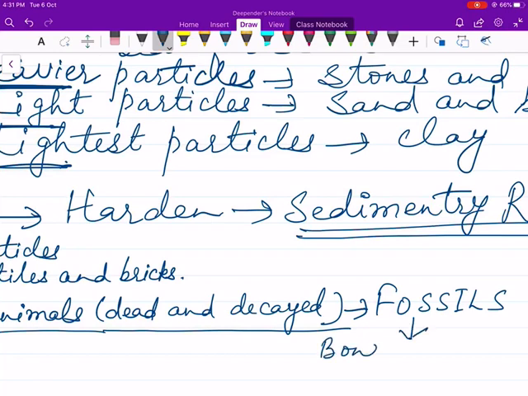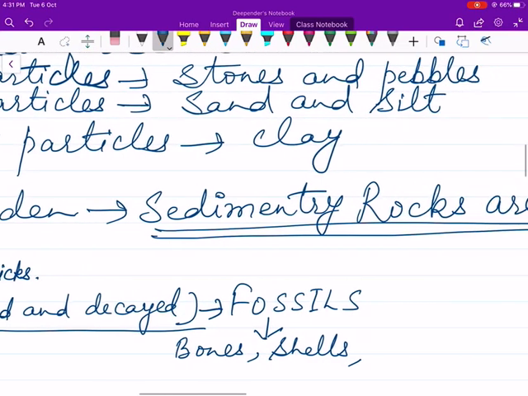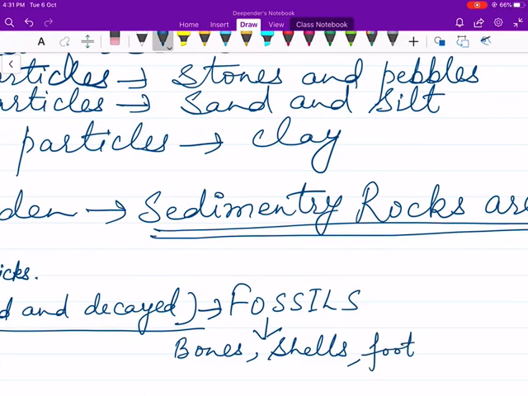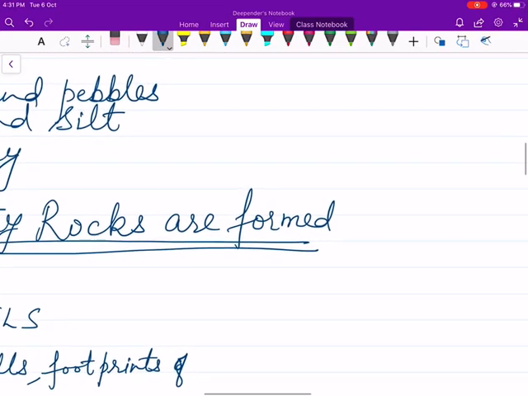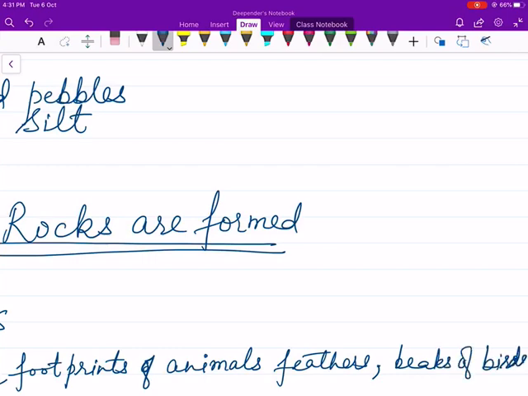They can include bones of the creatures, then shells, जो शंख टाइप होते हैं, footprints जो animals के होते हैं या उनके feathers के होते हैं, prints of animals, feathers, and beaks, you can see beaks of birds. उनको fossils कहते हैं. Even the leaf prints of plants.